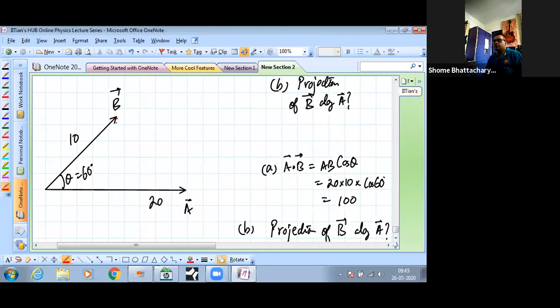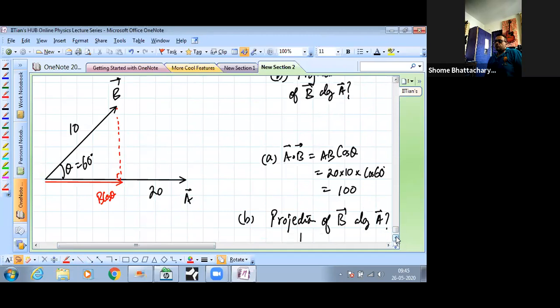So to drop a perpendicular here, you can see that this is the projection that we got. So this is that B cos theta. So how much is that now? That is 5.